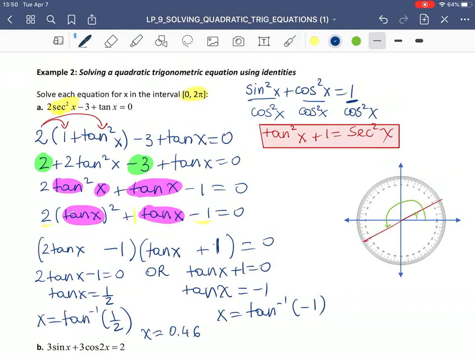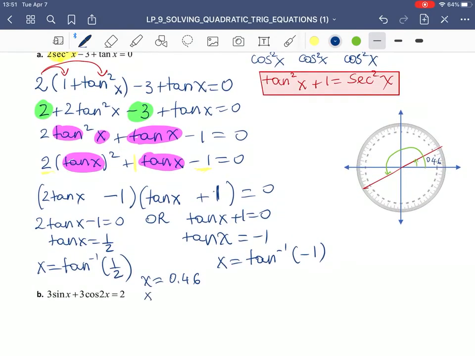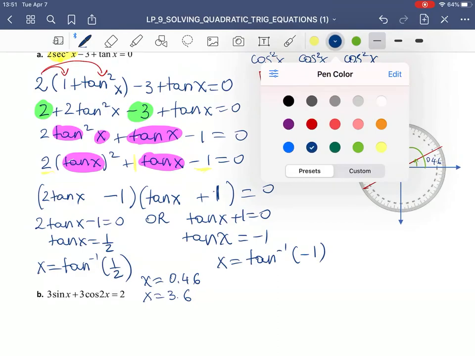So we can see here that if the first angle is 0.46 radians, the next angle will be 3.14 plus 0.46, which is about 3.6 radians. So far we got 2 solutions, and now we're moving on to the next equation.